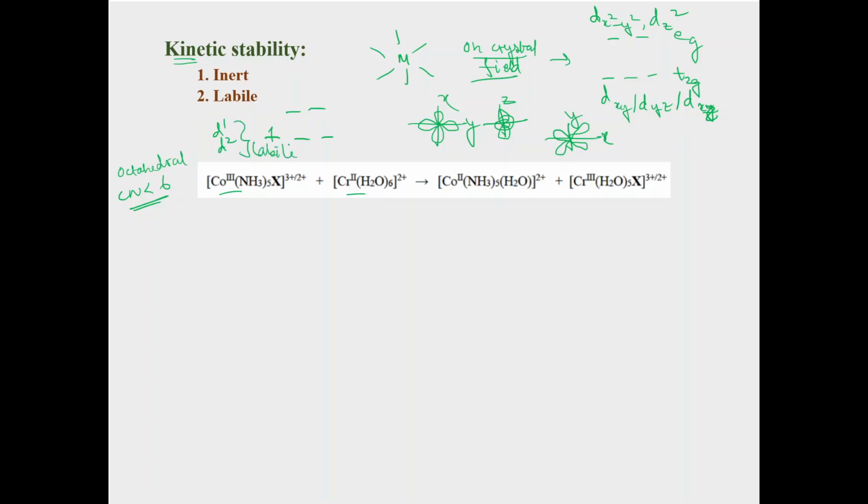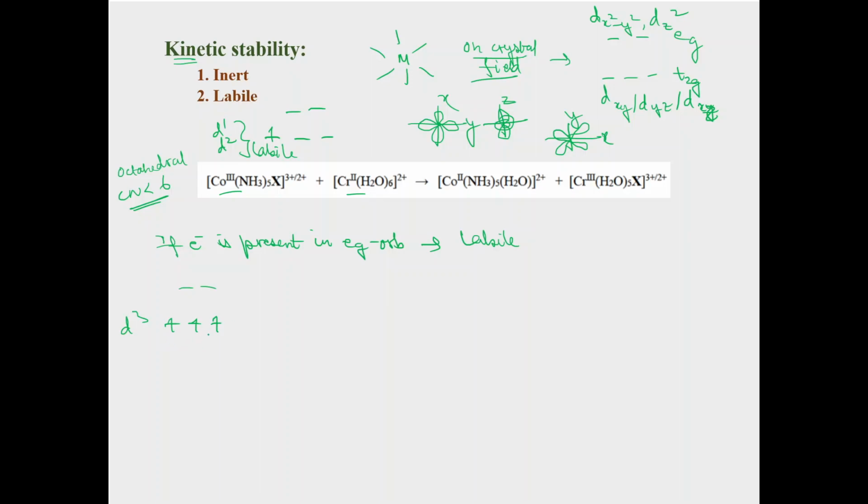Whenever an electron is present in the Eg orbital, that complex is labile in nature. So d1, d2 is labile; d3, it's not labile.